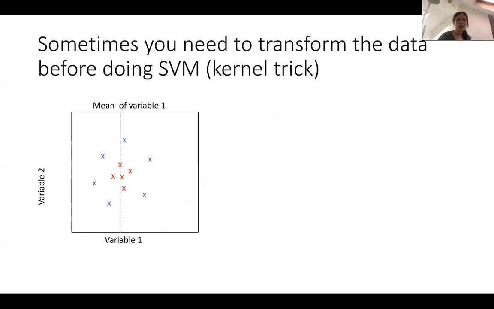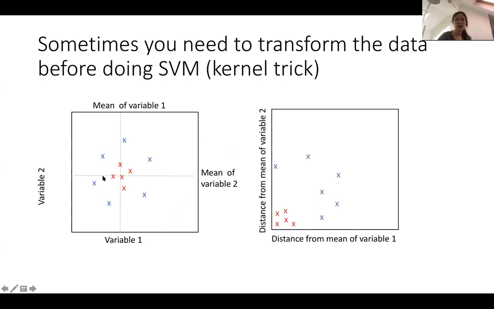We can calculate the mean of variable 1, and we can calculate the mean of variable 2, and then we can draw a new graph where the x-axis is the distance of the point from the mean of variable 1, and the y-axis is the distance from the mean of variable 2. This will transform the data to look something like this. And this is easily separable using this kind of line.